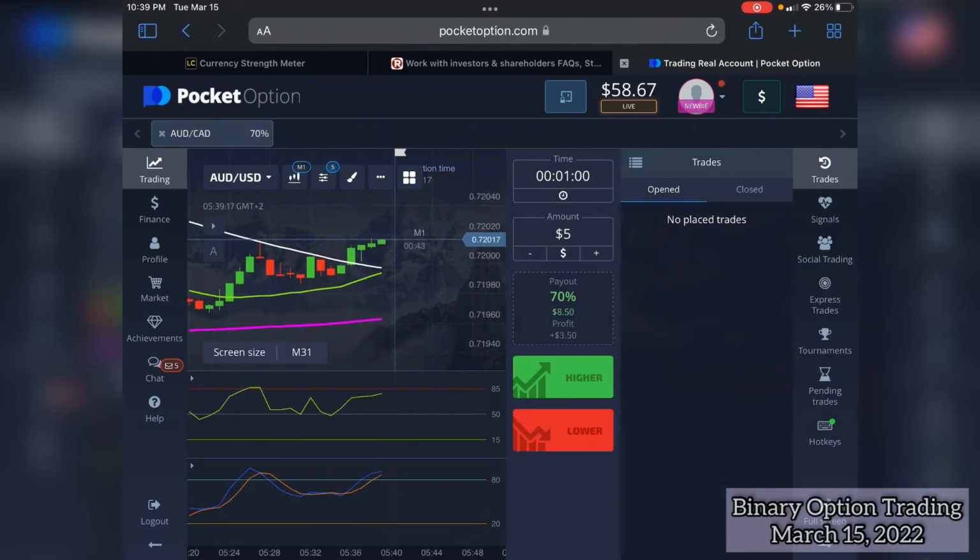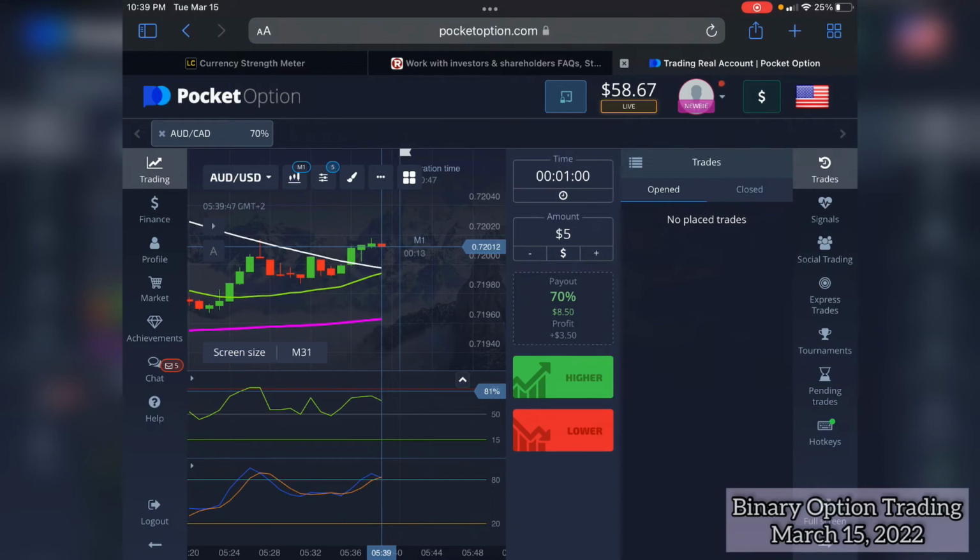AUD USD, what trend is currently in a buy position. So what we are going to do, we are going to let this play itself out. We're going to wait for the stochastic to cross over. And we're going to wait for the green line on the RSI right here to go down. So as we wait for that, we're going to get in on one candle.